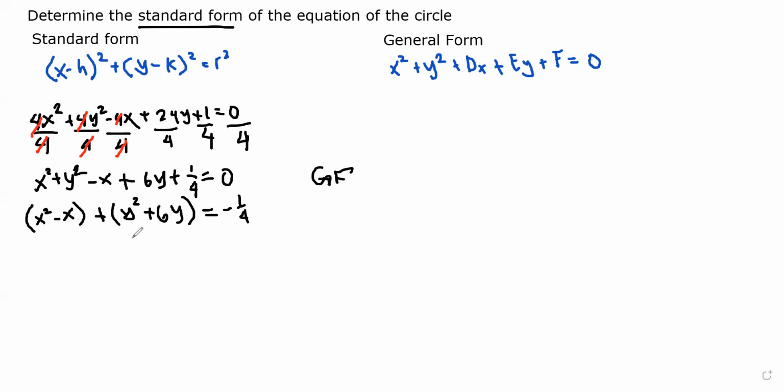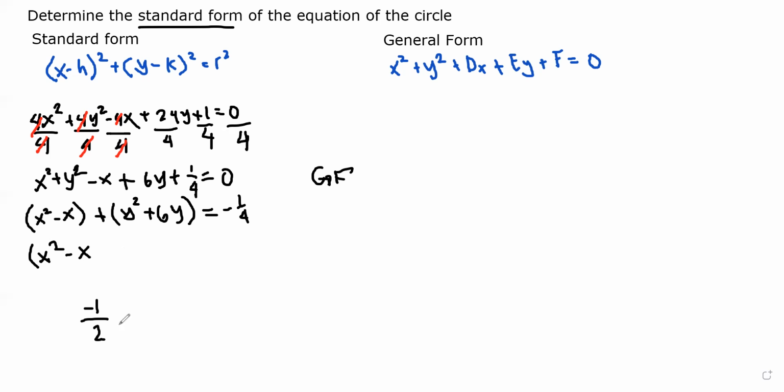Now complete the square for each group of terms. For the first group, the x terms, we just copy x squared minus x, and then we're going to determine the third term. So how are we going to determine the third term? We just get the coefficient of the second term. In this example, we have negative 1. So we have to divide it by 2.